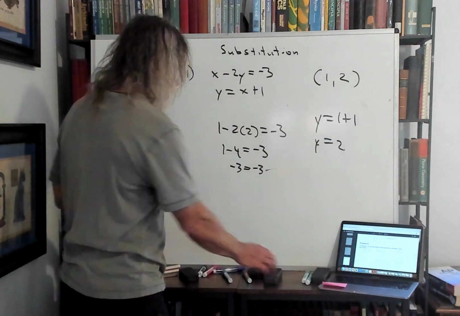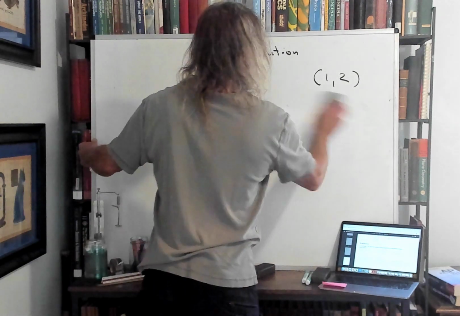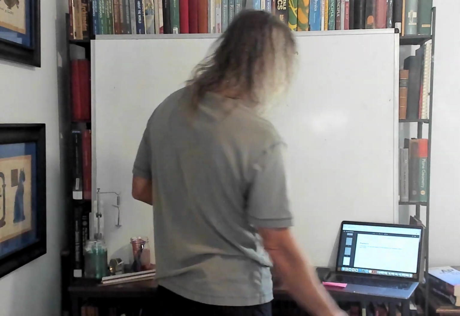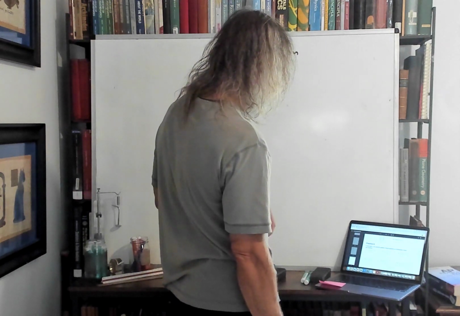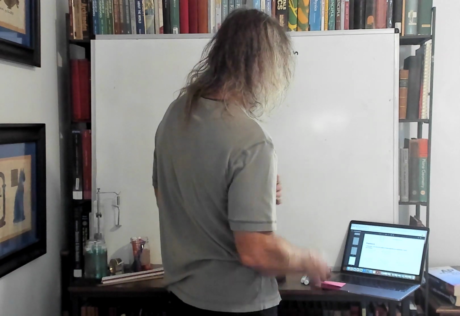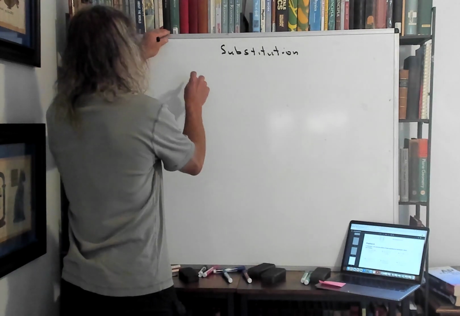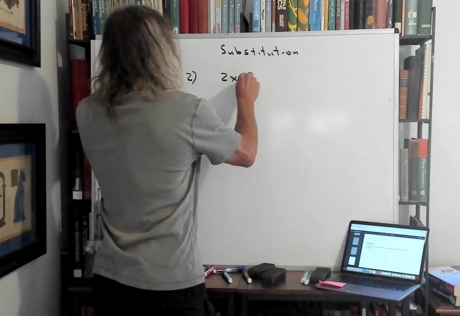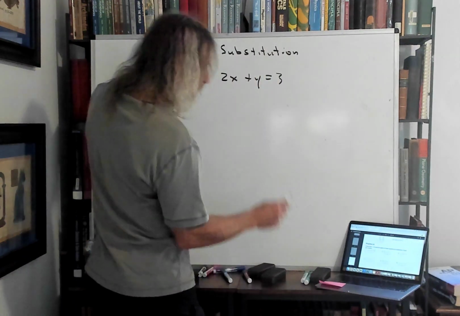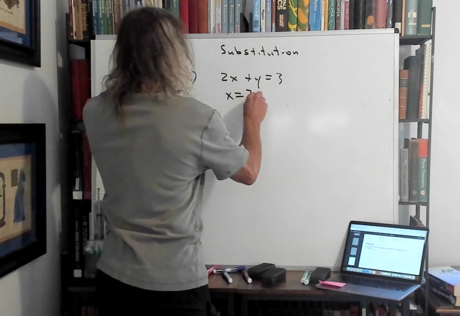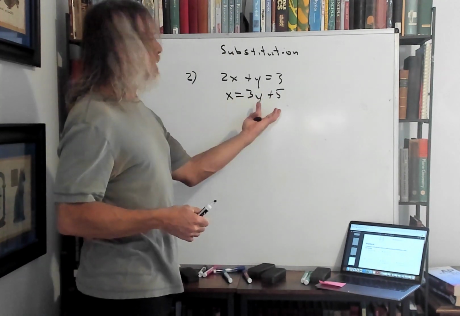So, number 2. We're going to start with 2 equations, squash them down into 1, and then solve. How about 2x plus y equals 3. And x is 3y plus 5. So x is this stuff.